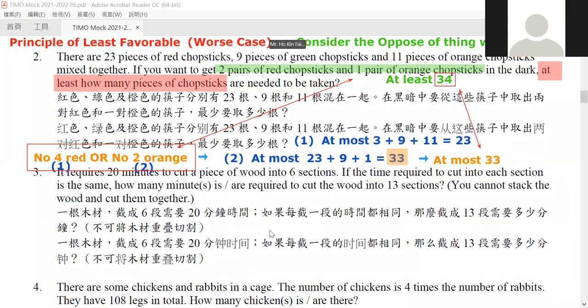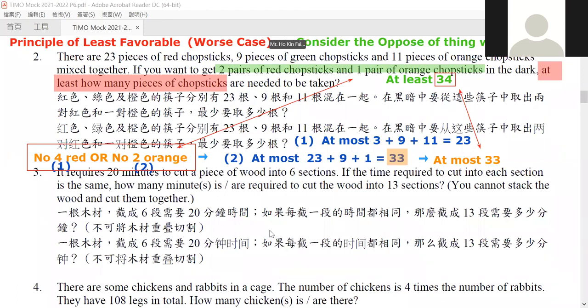So in the worst case scenario, we can pick 33 chopsticks and we still do not get the green condition that we want, right? So it means that if we have more than 33, so it will be at least 34 chopsticks, then we will satisfy our green condition.